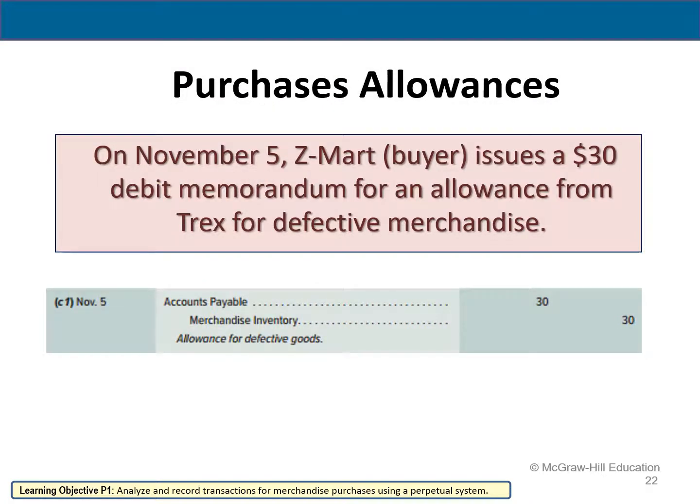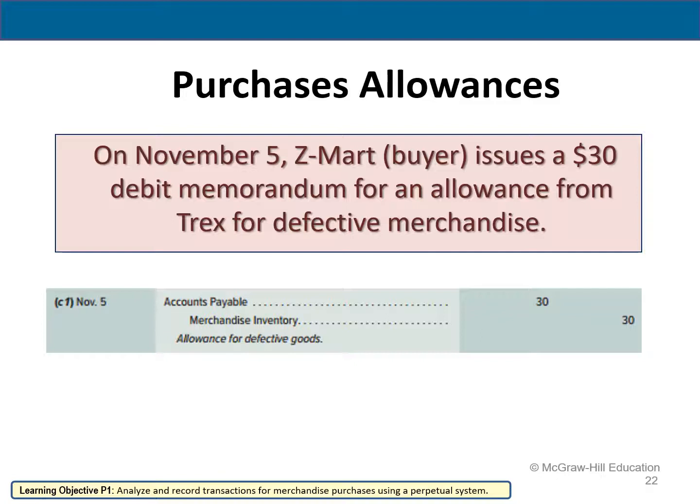All right, so if we assume that on November 5th, Zmart, the buyer, issues a $30 debit memorandum for an allowance from Trex for defective merchandise. Zmart's November 5th entry is going to be to update its merchandise inventory account to reflect the purchase allowance that was issued.